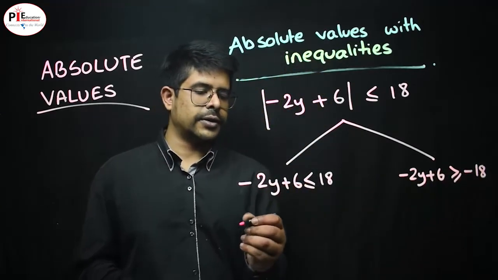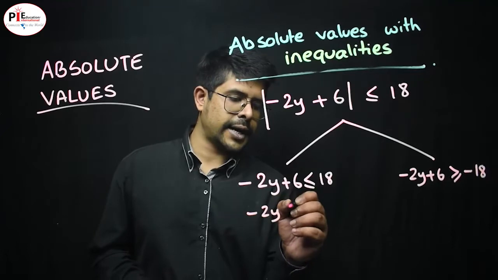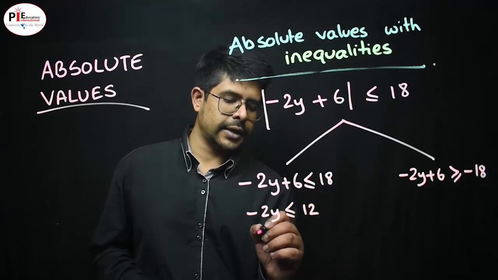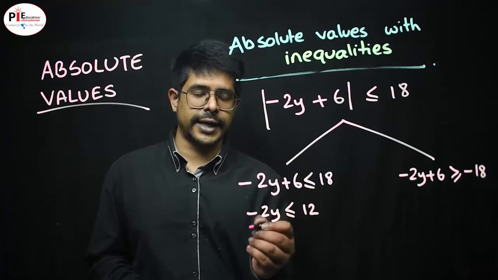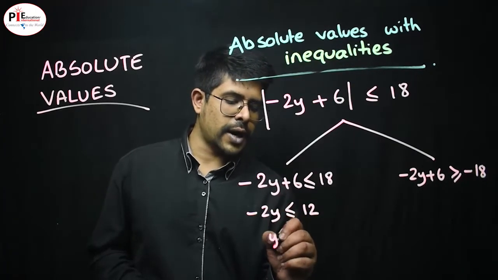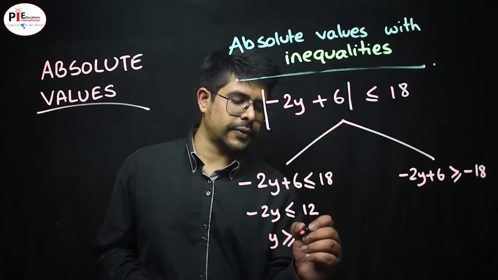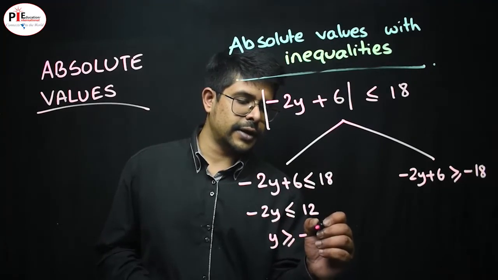So if we consider this side, negative 2y is less than or equal to 12, and we're dividing both sides by negative 2, it would be y, the sign will change, and it will be negative 6.